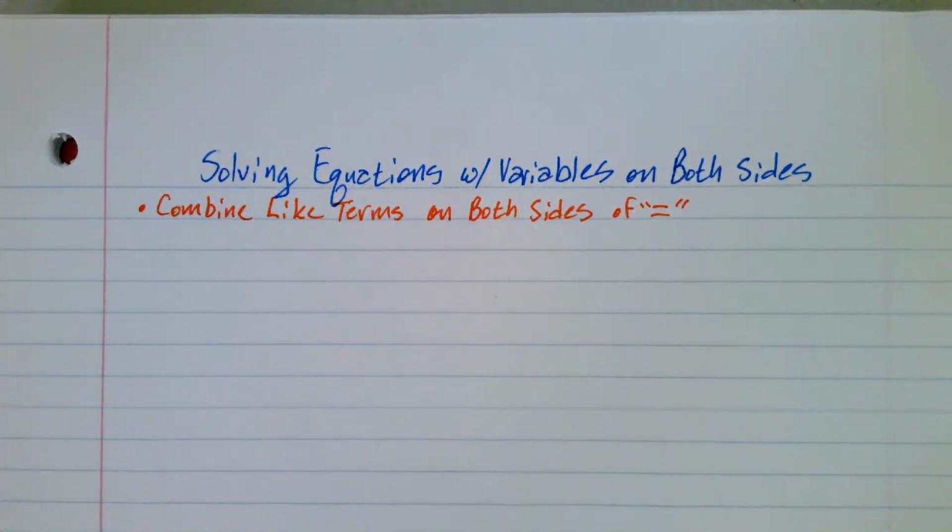Okay? So that's one of the steps they did. And we may or may not have to do that each and every time, but it's something we always have to look out for. Okay?